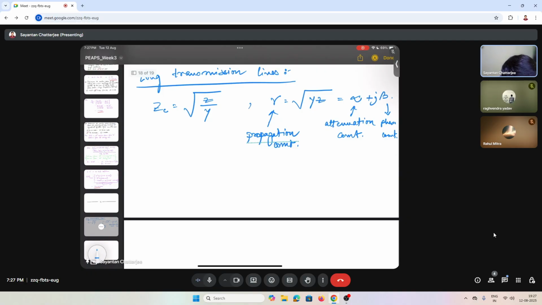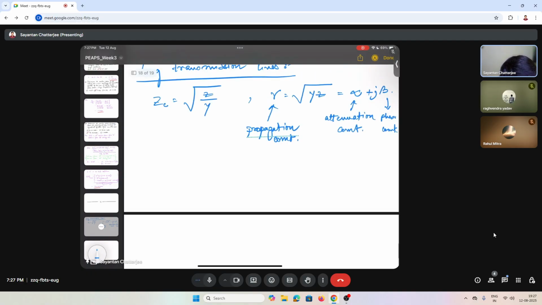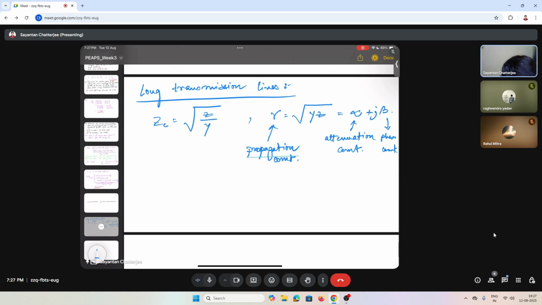The final expression. I hope you remember the final form of the expression for long transmission line. I'm not going into that detail because it will take much time. So for the long transmission line, Z, Y, and V: this is the differential equation based on which we obtain the value of voltage.